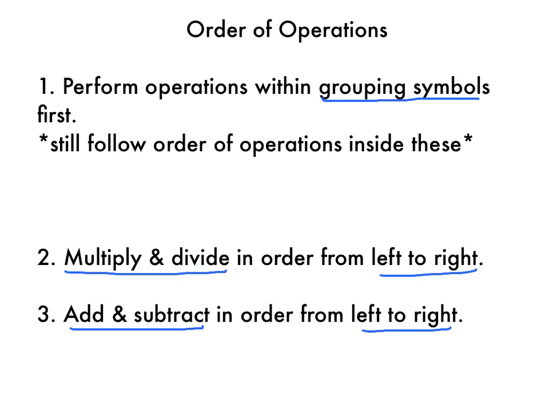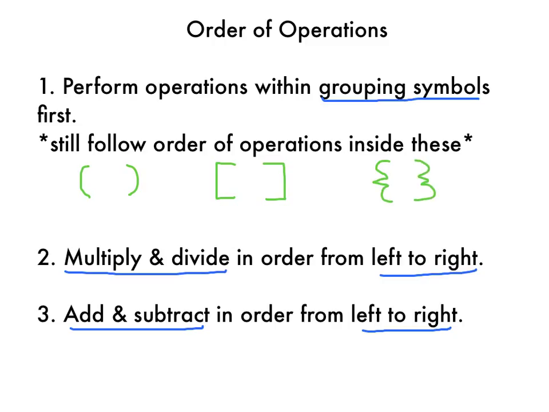Here are the steps to order of operations. First, you need to perform operations within grouping symbols first. And important to remember is that you need to still follow the order of operations inside these. So what are grouping symbols? Grouping symbols are parentheses, brackets, and braces.